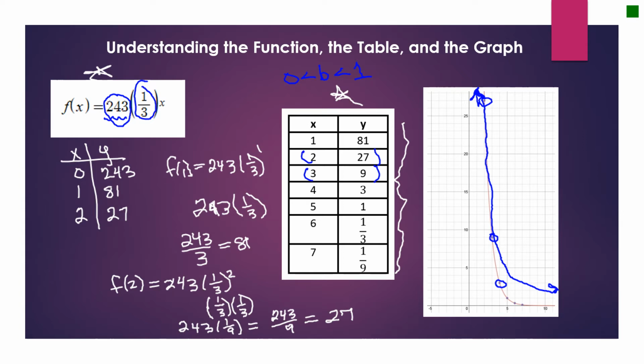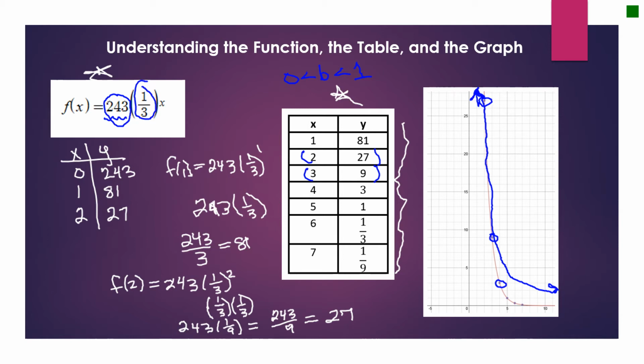If I plug in 0 for my x on this function, 1/3 to the power of 0 would just be 1. So I'd get a starting value of 243, which it should have been because that represents the y-intercept. The starting value, this a value, is the same thing as a y-intercept. So if I plug 0 in, I should always get that number.